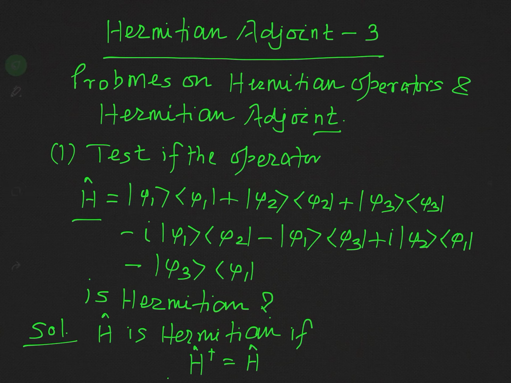If this condition is satisfied, then you can say that the given operator is Hermitian. So let us find the Hermitian adjoint of the given operator.